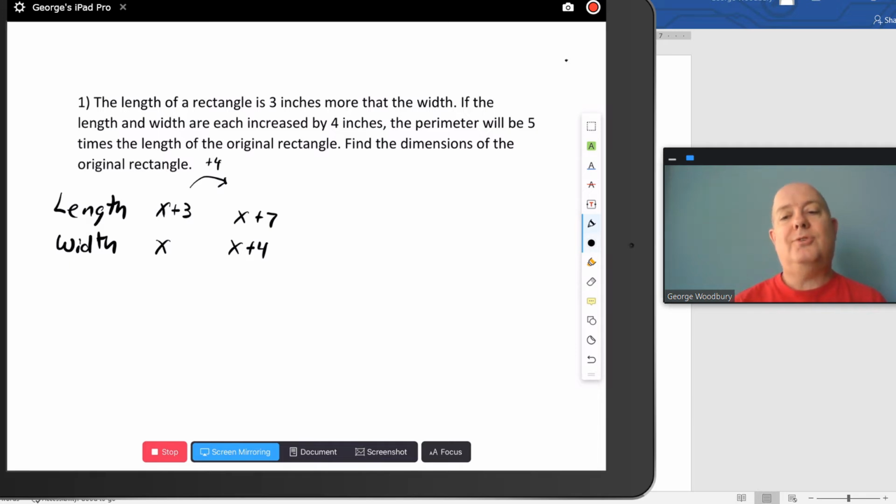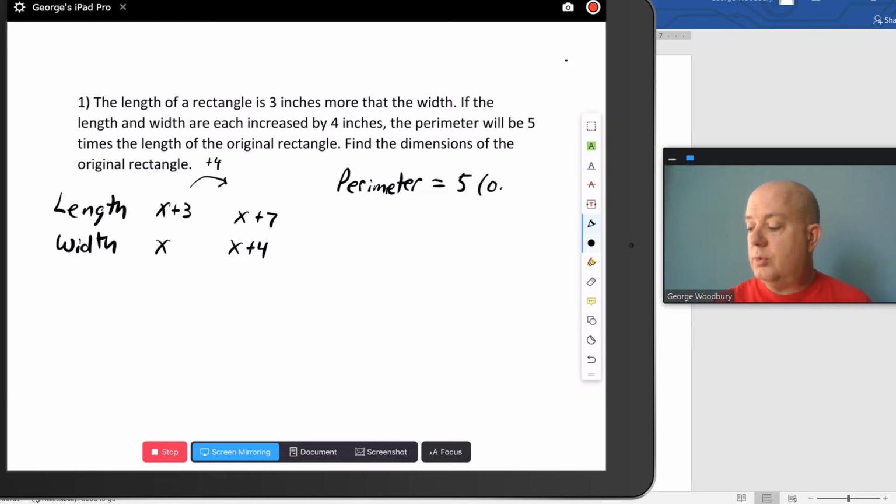After the comma, this is where the equation is going to come from. It says the perimeter will be 5 times the length of the original rectangle. So perimeter equals 5 times the original length. And so if I fill in expressions for the perimeter and the original length, I'll have an equation all in terms of x that I can solve.